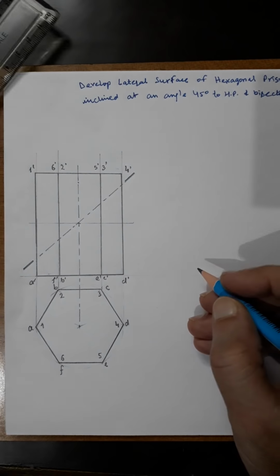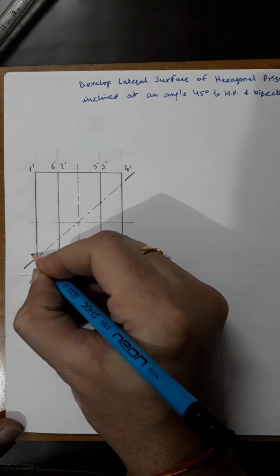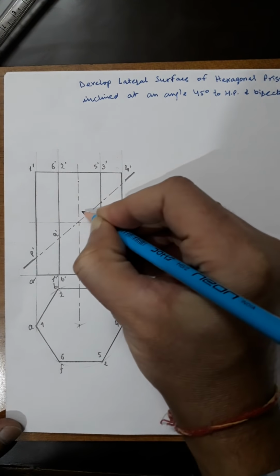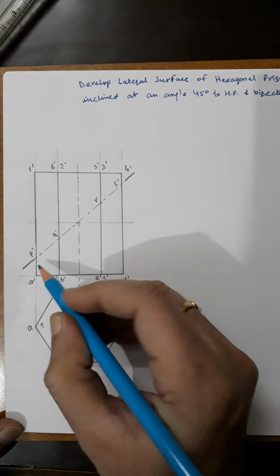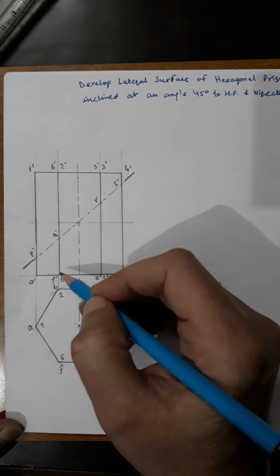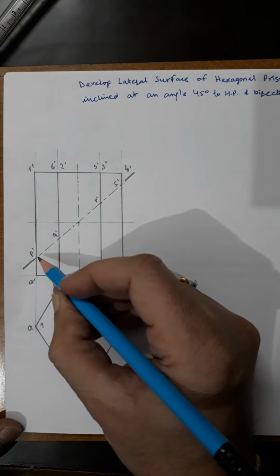Now you can mark these points as P dash, Q dash, R dash and S dash. It is cutting 1A, 2 and 6, 2B and 6F, 3C and 5E, and 4D respectively.